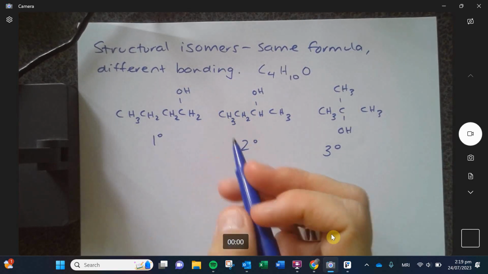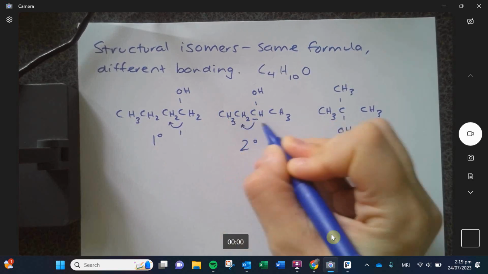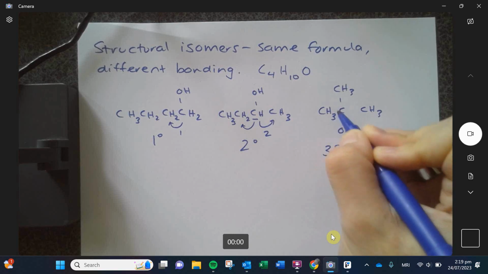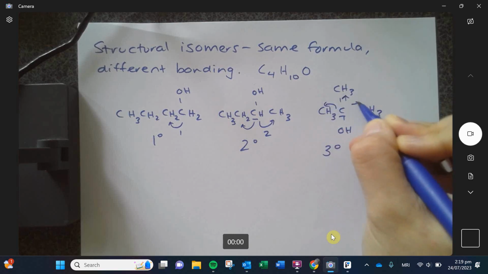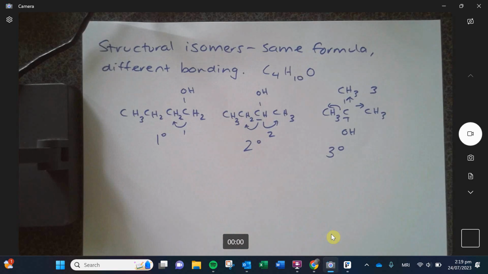How many carbons is it attached to? So this one's attached to only 1. This one here is attached to 2. And this one here is attached to 1, 2, and 3. So that's where I'm getting the primary, secondary, and tertiary from. Nice little refresher. Are you okay with that?